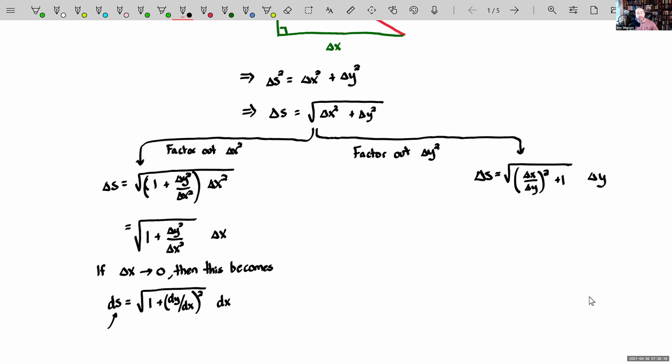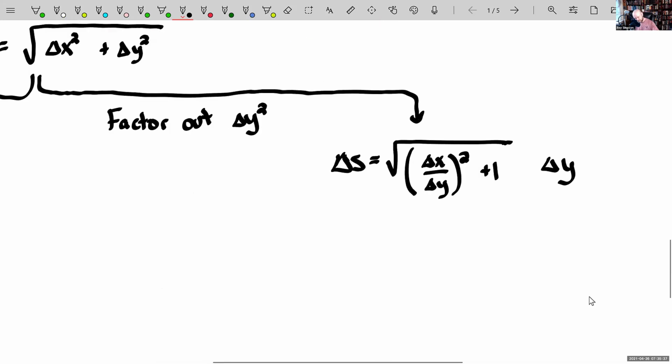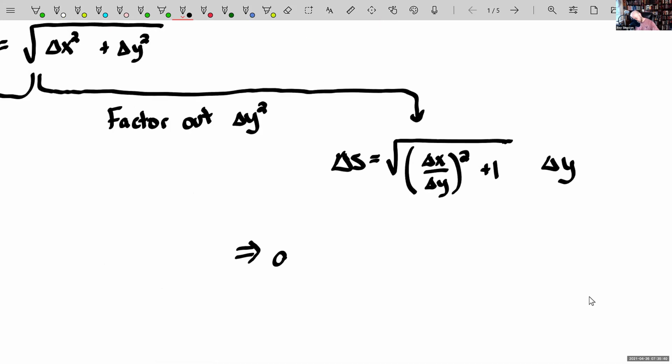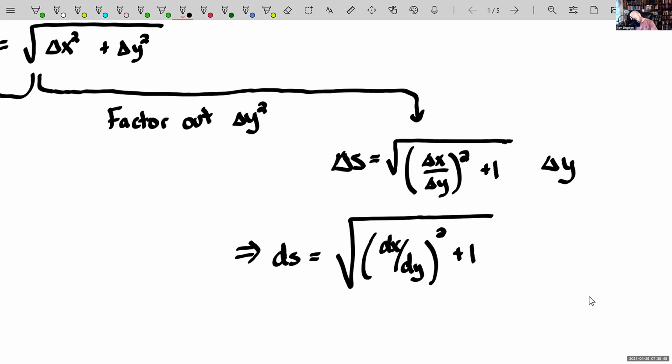If I allow my wiggle in y to become infinitesimally small, then delta x also becomes infinitesimally small, so it becomes a dx, and delta s also becomes a ds. So this will imply ds is equal to the square root of dx over dy squared plus 1, dy.